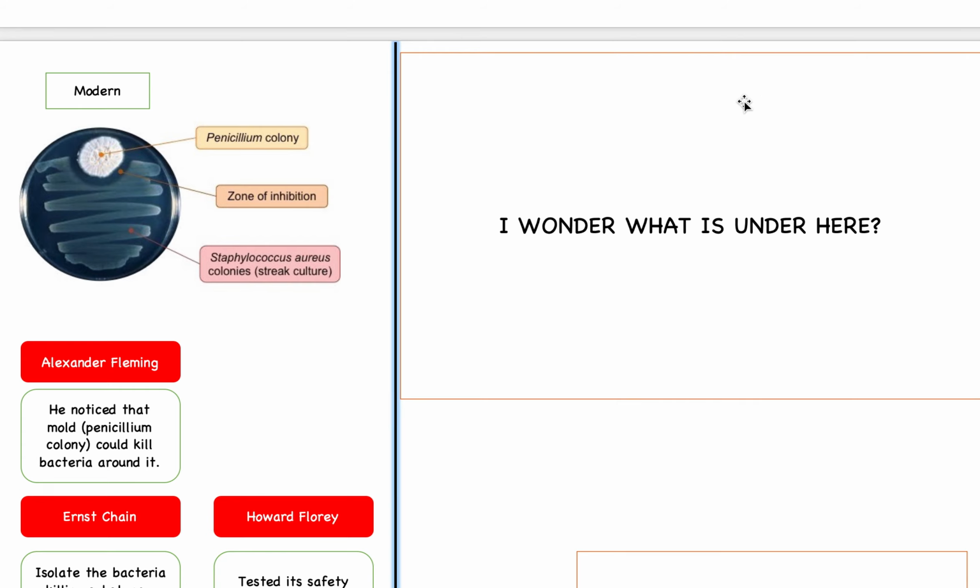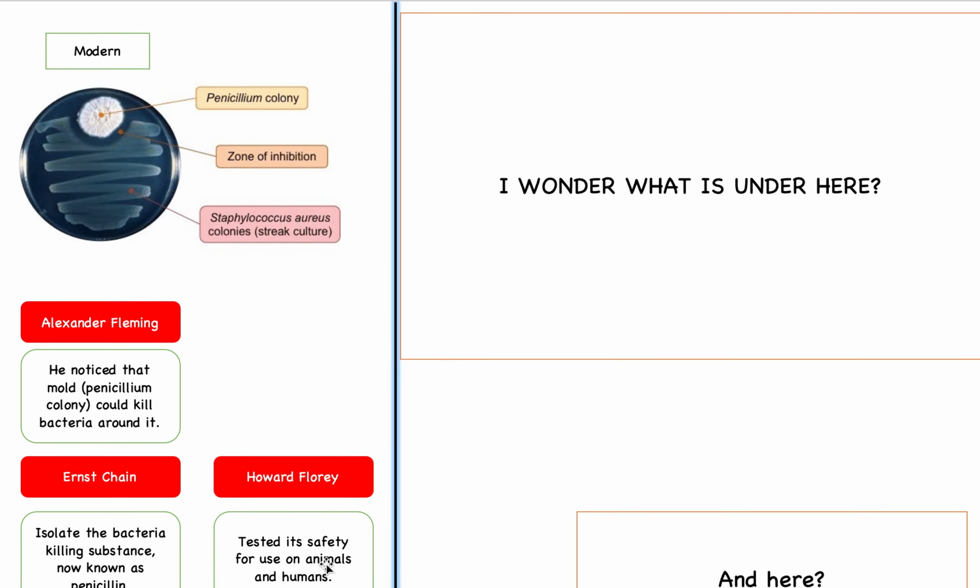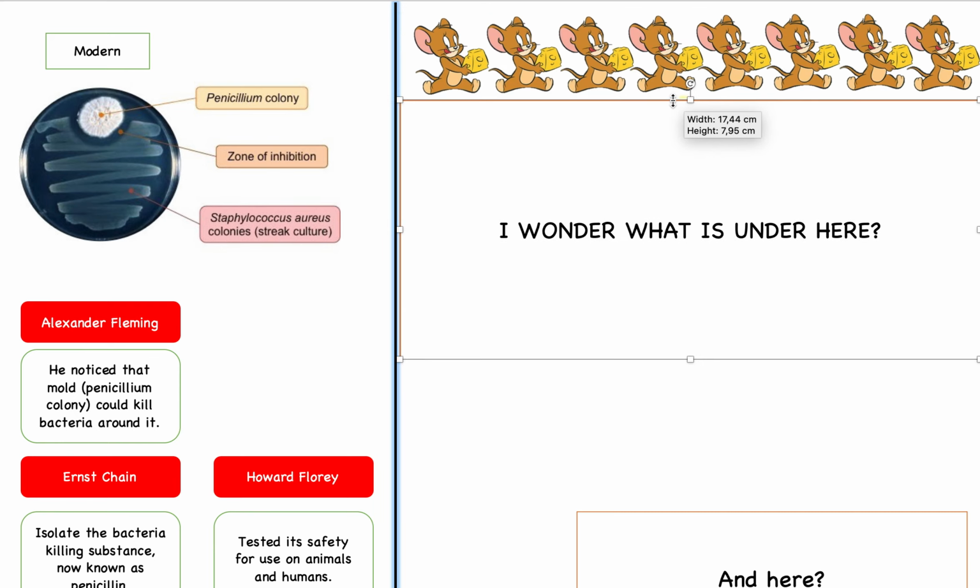So essentially, before he tested on humans, he had to test on animals, right? Because animals behave more similarly to humans. So if it works on an animal, it is most likely to work on a human. So this is what he did. He took 8 mice, okay?